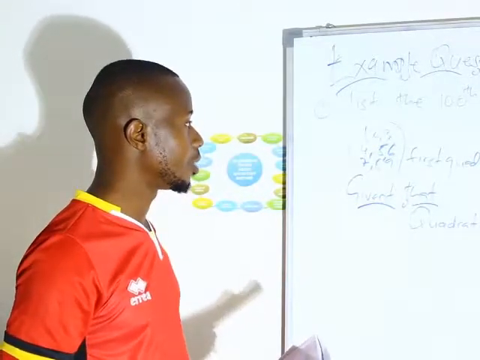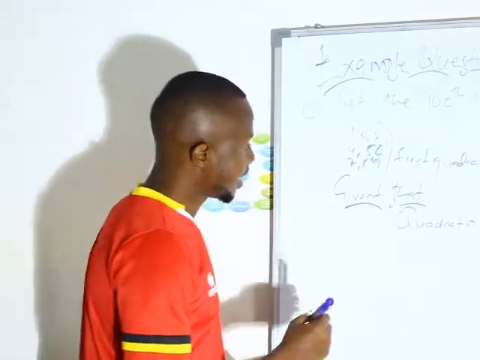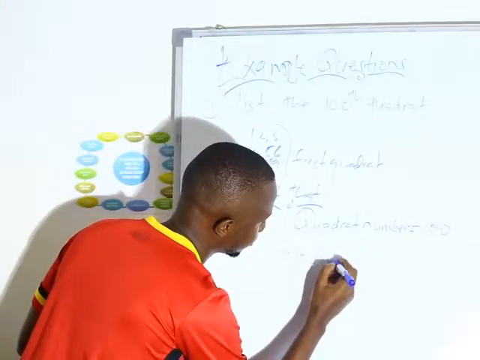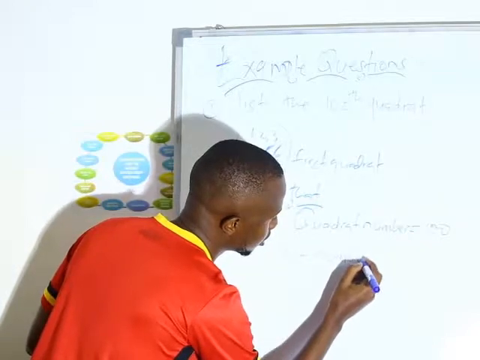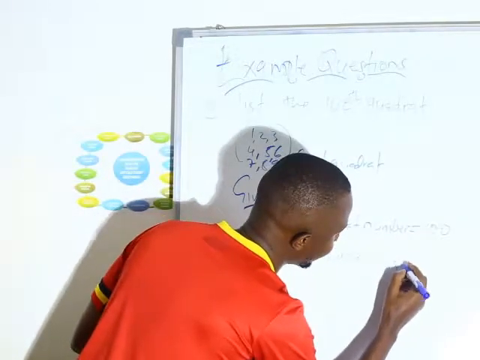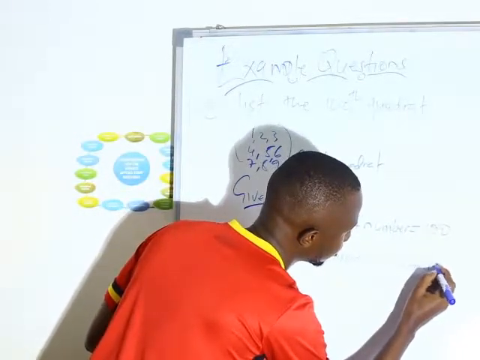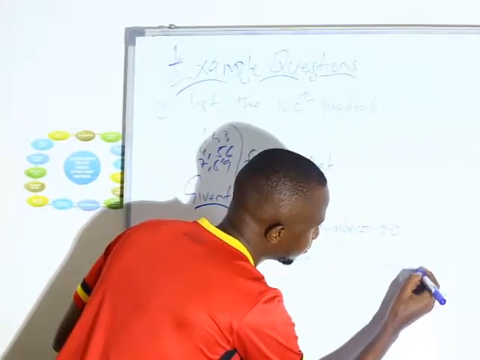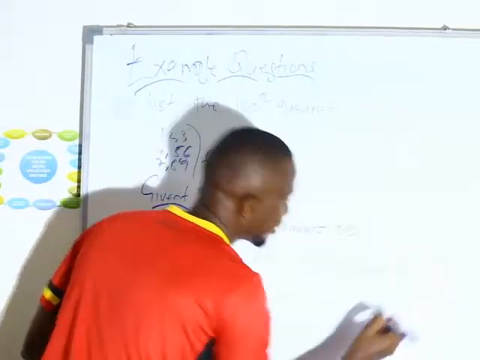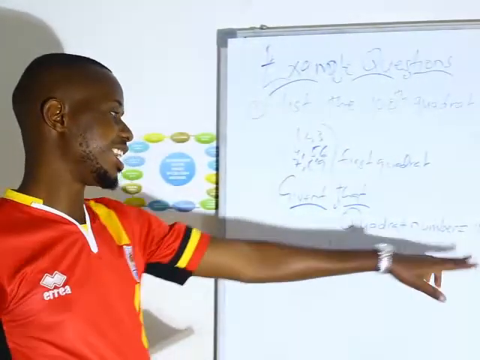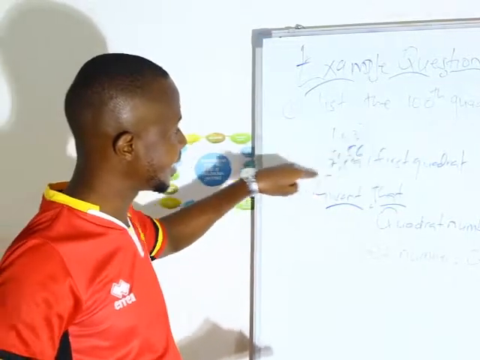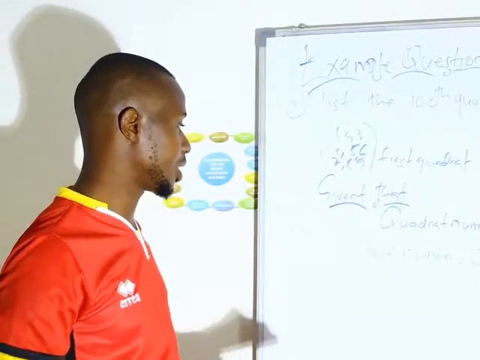How? By saying last number equals quadrant number times 9. Why do we multiply by 9? Because there are 9 digits in any quadrant.